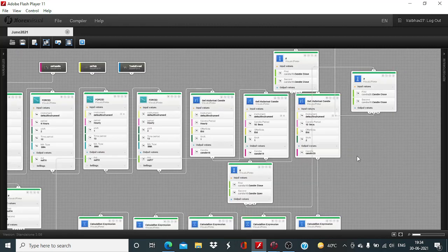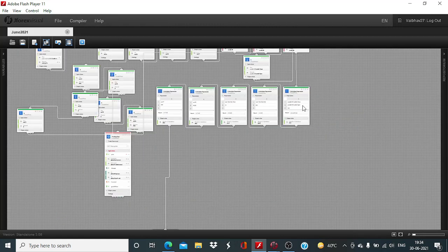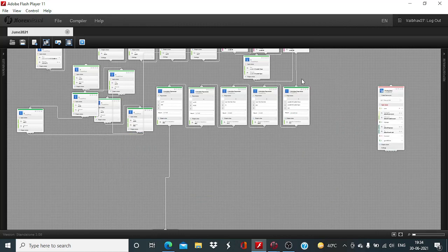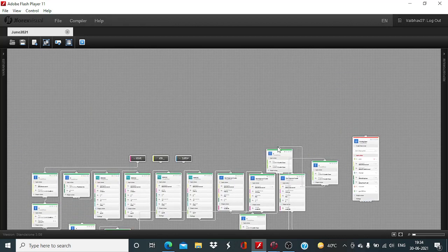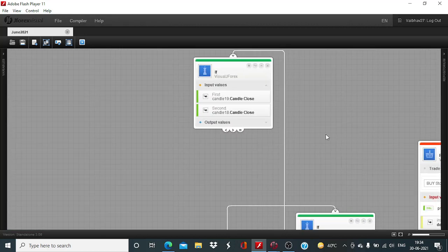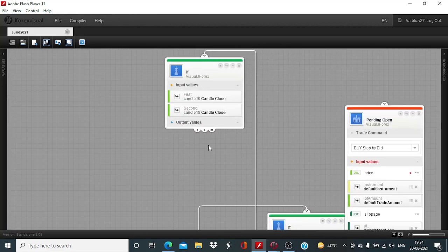So we will now join it to the trade command block, which is here, and after that we will have to define the input parameters for the trade command block. First input less than second input.